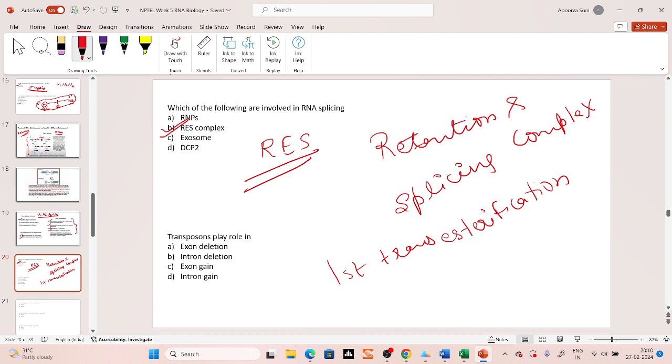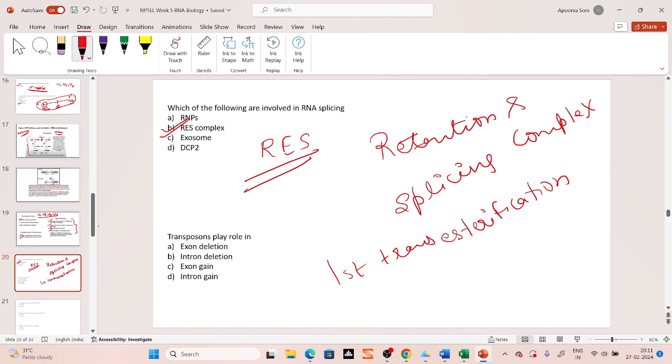That means it is the first step which helps in the splicing of the introns. So RNP is also correct, it is not incorrect. But among the options, RES is more specific with splicing. But because we have not discussed this point, it is absolutely fair to choose A. But the correct answer here would be B.